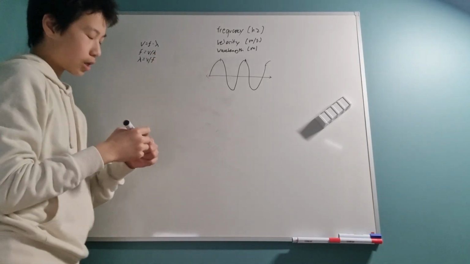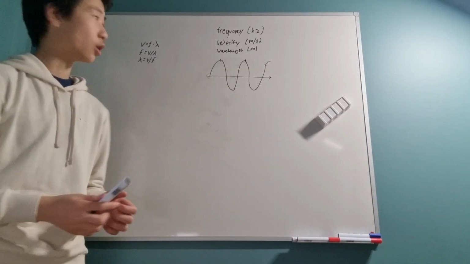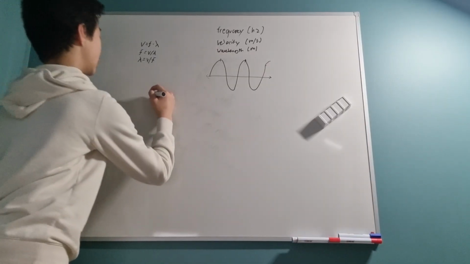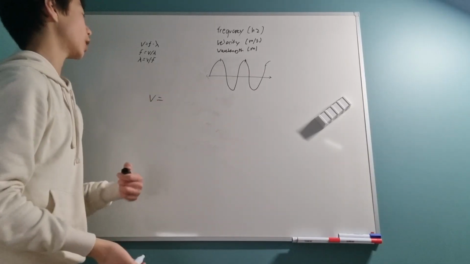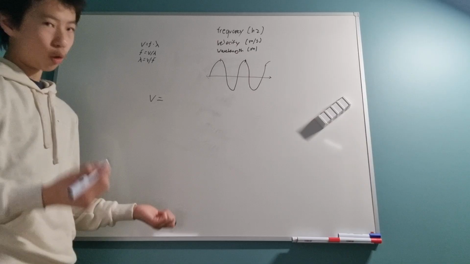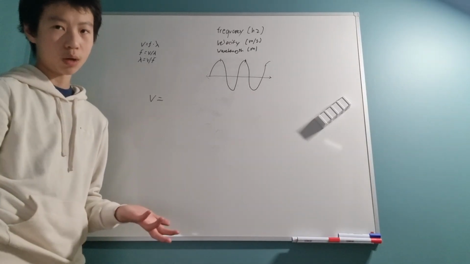Okay, so imagine a situation where we need to calculate the speed of a wave. So let v be the velocity, and we know both the frequency and the wavelength.